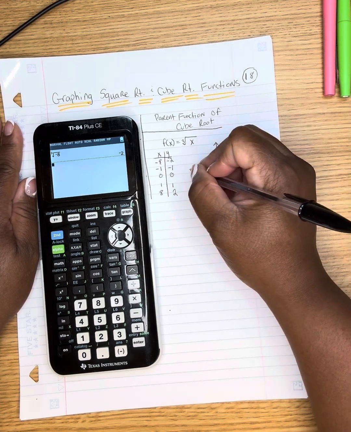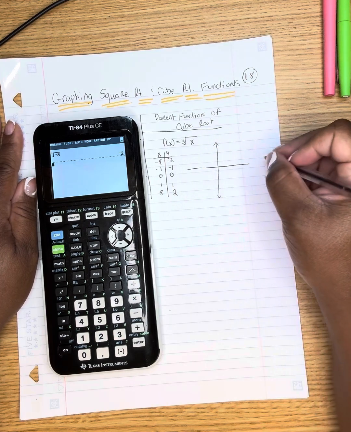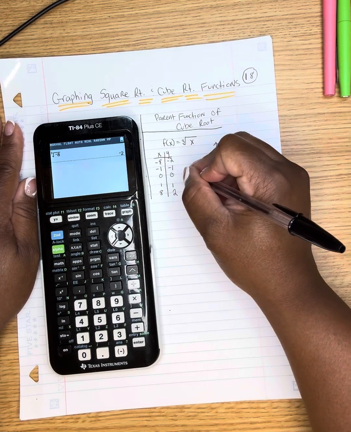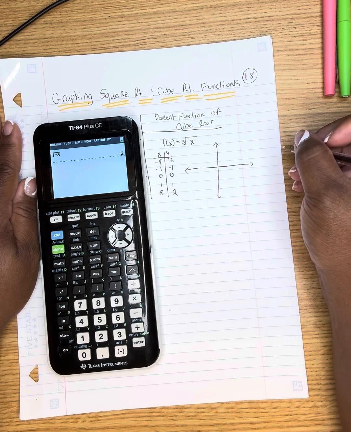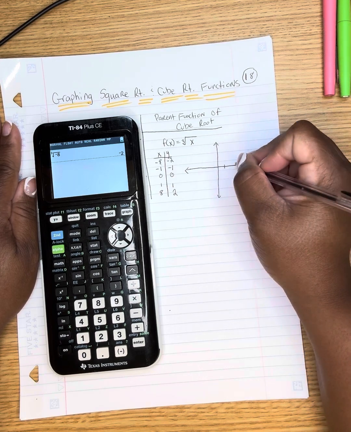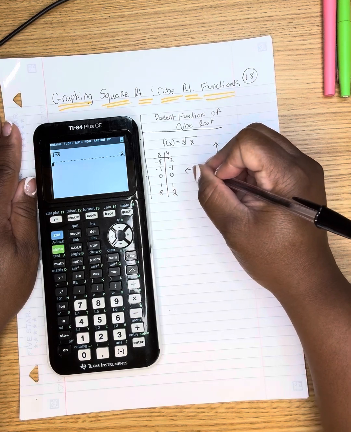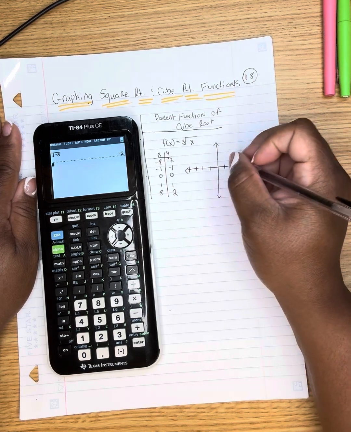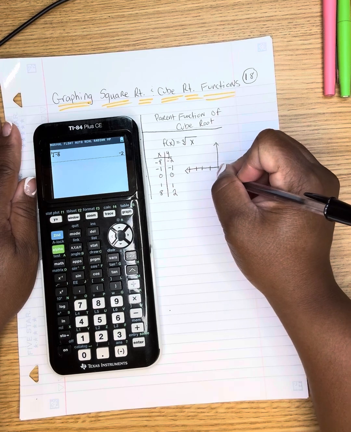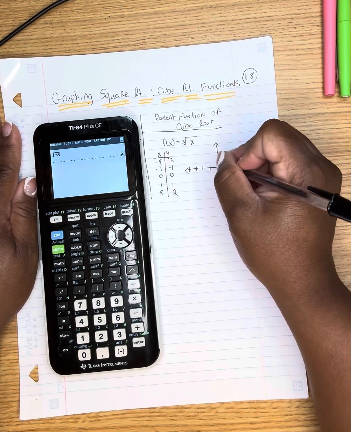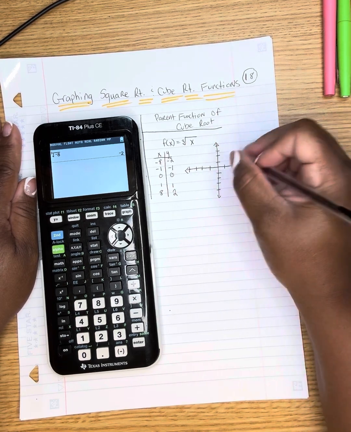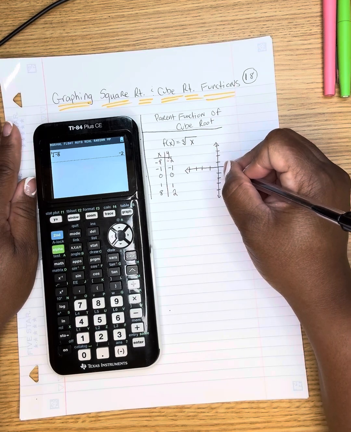All right, from here, to make our lives easier, because of limited space, we can count by 2. So this is 2, 4, 6, 8. And this is 1, 2, 3, 4. You may want to label this just so that it's clear.